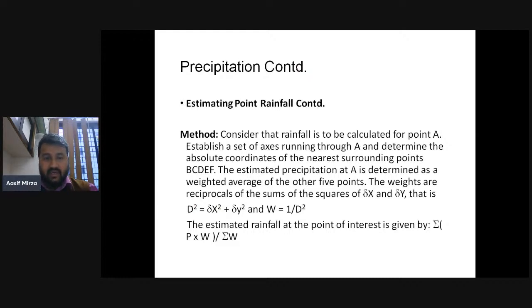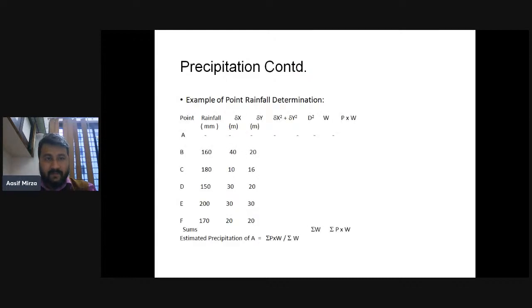The weights are the reciprocal of the sum of squares of del x and del y. That is, d square is equal to del x square plus del y square, and w is equal to 1 by d square. The estimated rainfall at the point of interest is given by sum of P into W divided by sum of W.